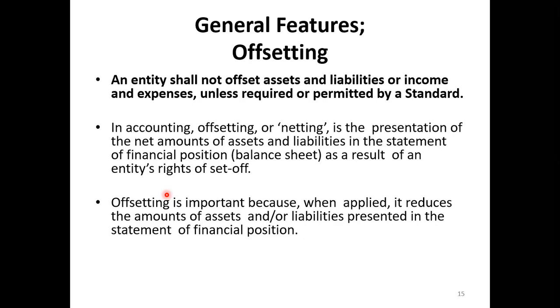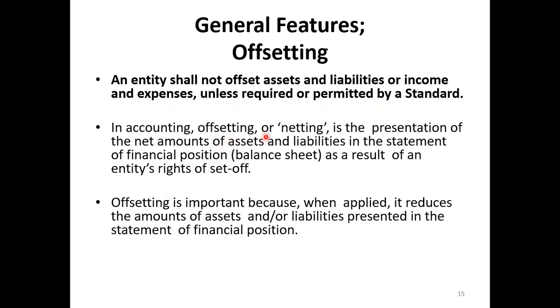No need to show it separately, because that expenditure is offset with the income. So the final figure is acceptable. So offsetting. An entity shall not offset assets and liabilities or income and expenses unless required or permitted by the standard.